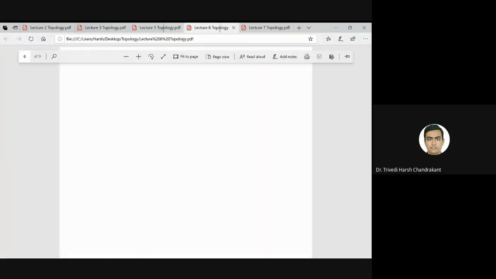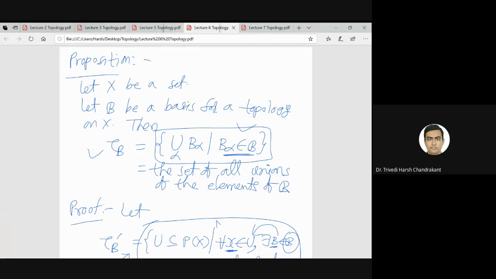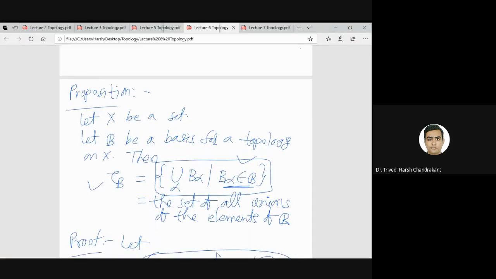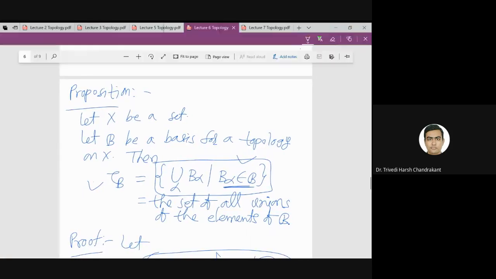And now in the previous lecture, what we discussed is that if I know that X is a given set and B is a basis for X, that means this family B satisfies both the properties. For every x there exists B belonging to B such that x belongs to B. That is the first property.